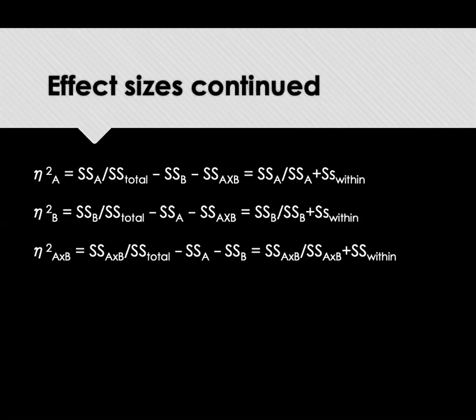And so we need to take out the percentage or proportion of variability that is explained by A. So the proportion of the total variability explained by A only, taking out any variability explained by B and the interaction of A and B. If you do some algebra, you'll see that that is equal to sum of squares A over sum of squares A plus sum of squares within.